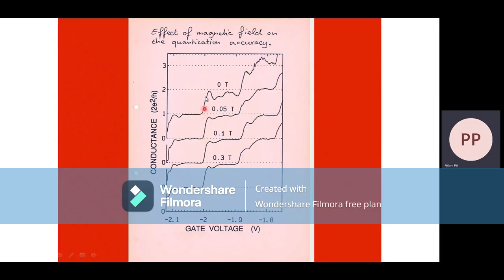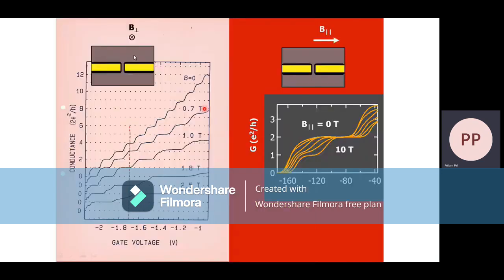And the physics behind this is suppression of backscattering by cyclotron trajectories. So if the electron flies through the constriction and it has to go always left, suppose it scatters here, it will not go back.